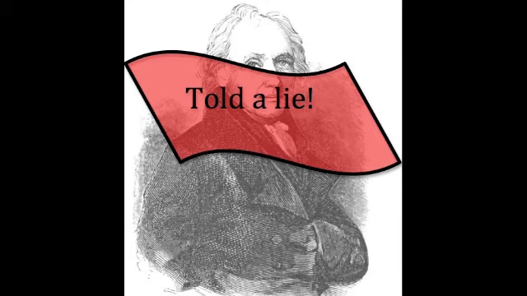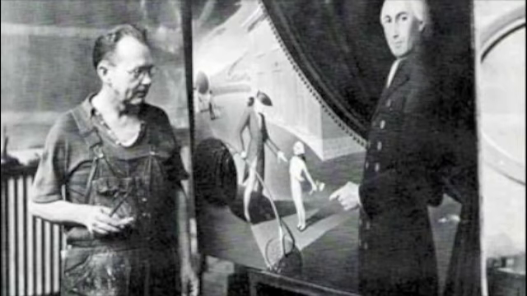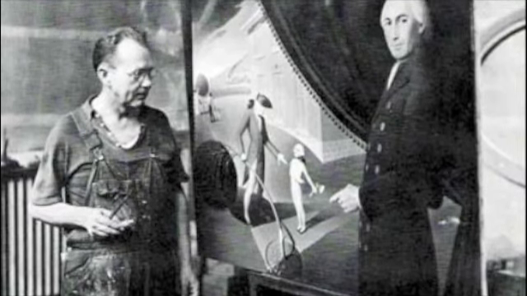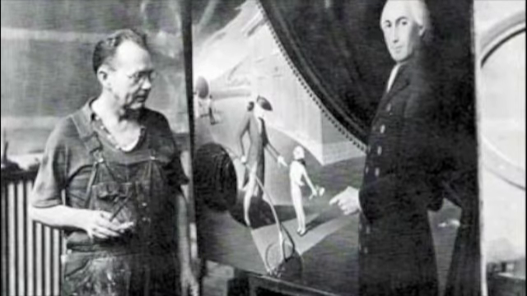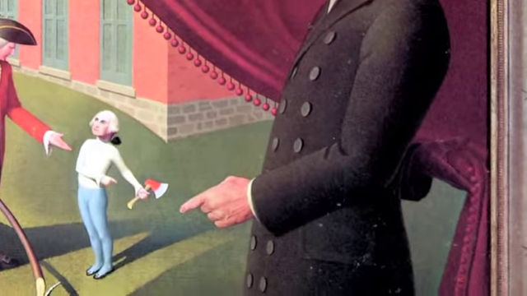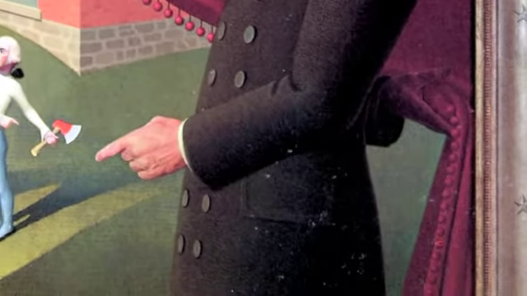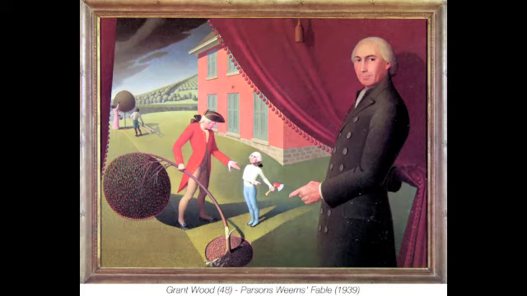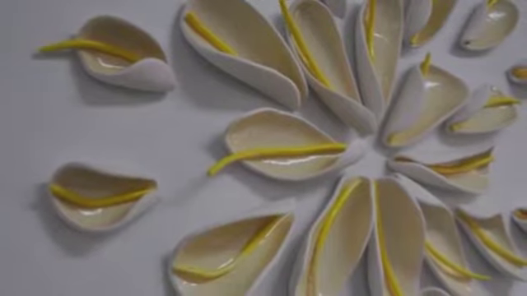So Parson Weems was, in fact, the one who had told the lie. So this artist is showing the story that Parson Weems made up by having Parson pull back the curtain and point to his story.